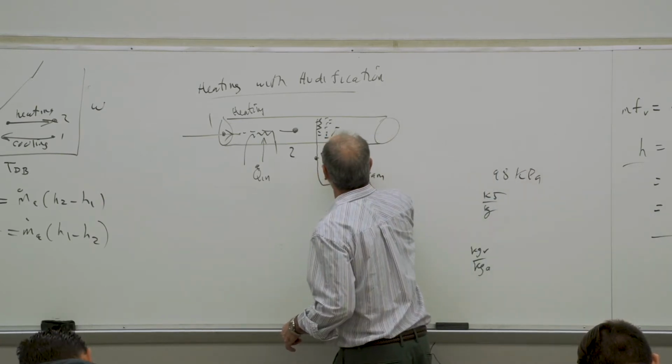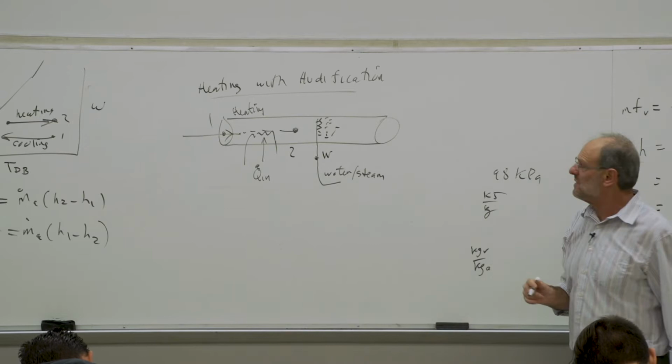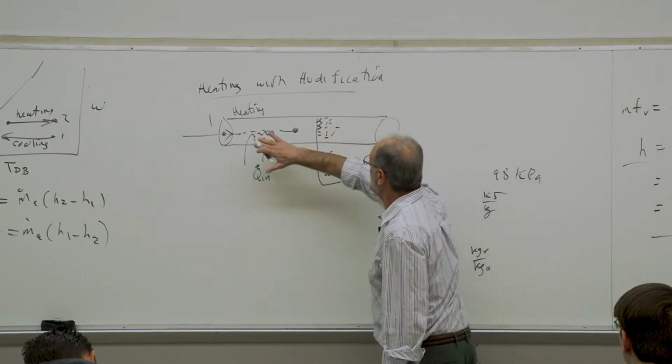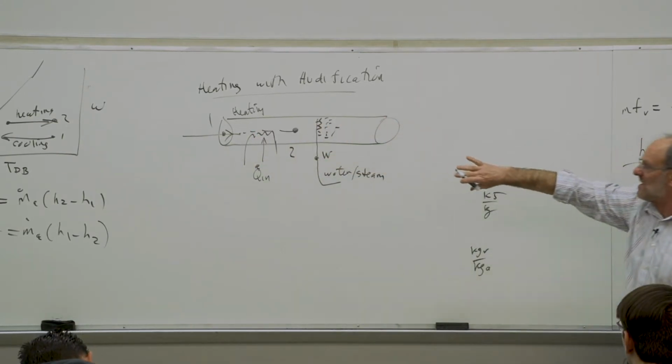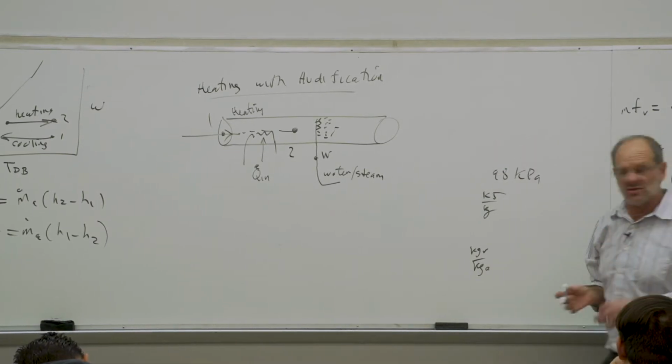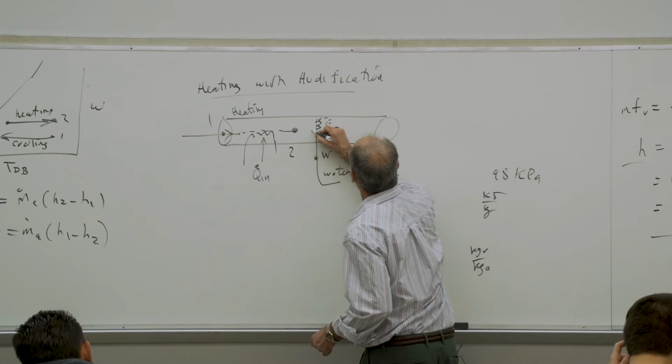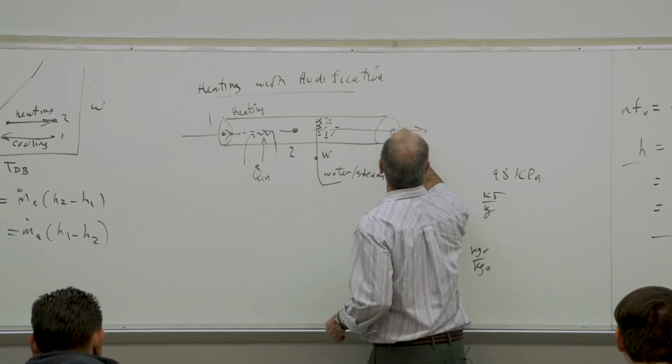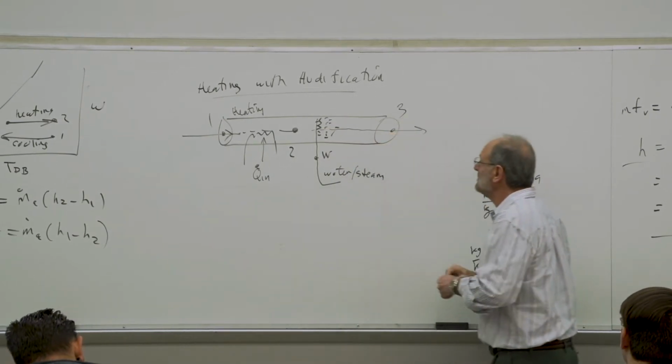So we'll just call this point W, W for water that's being sprayed in. But clearly, as the atmospheric air moves out of the heating section and into the humidification section, it's going to pick up moisture. So we move through, and eventually we come out at some state point 3.